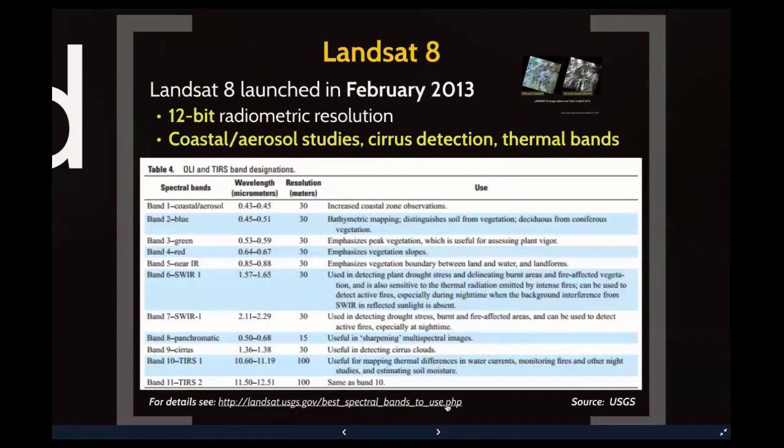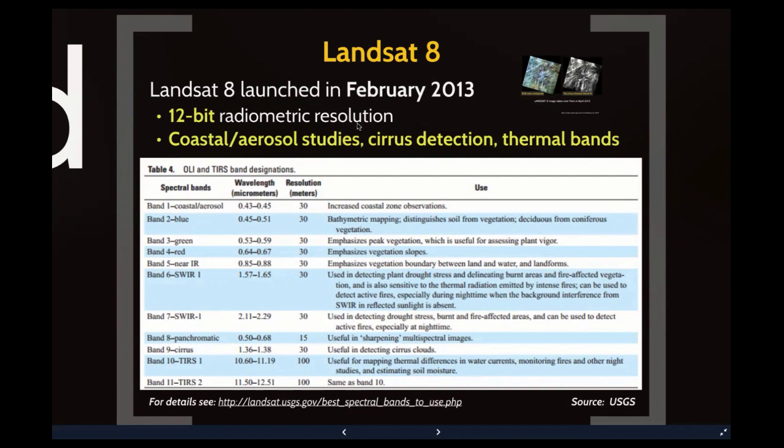And now we have Landsat 8, which was launched in February 2013. I do remember, because back then I was approaching the end of my graduate school, and I was watching the launch live stream.